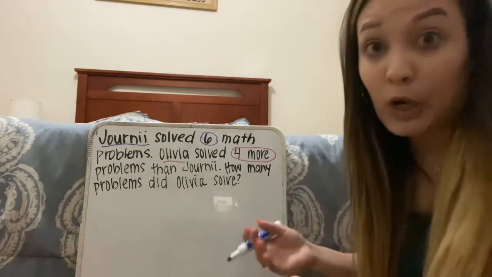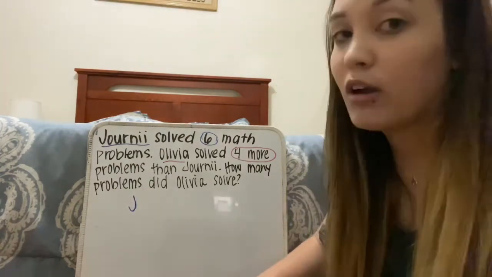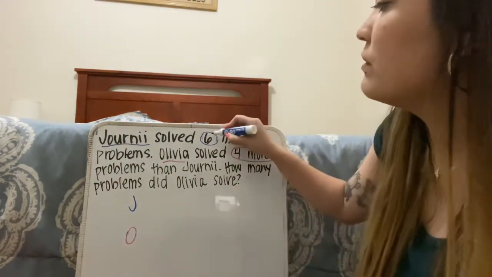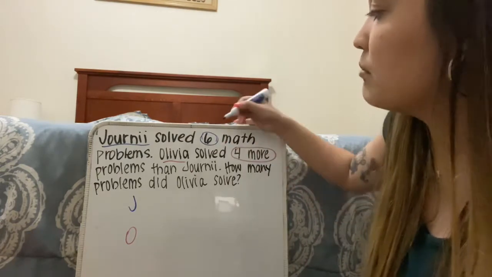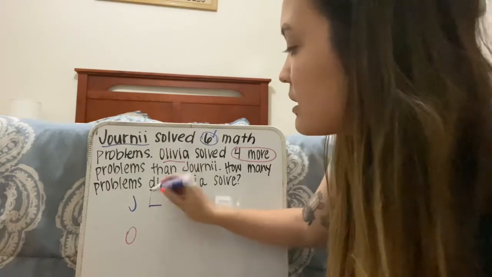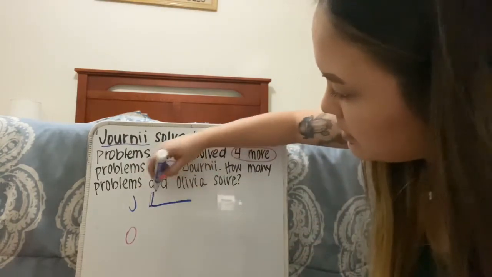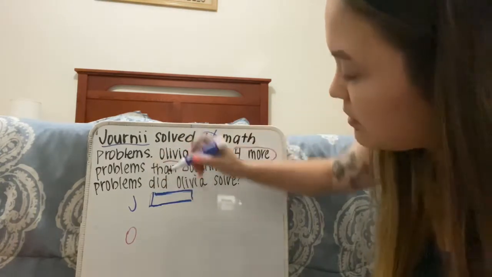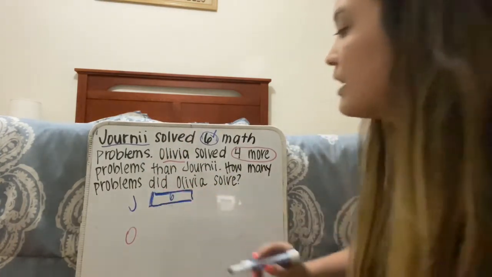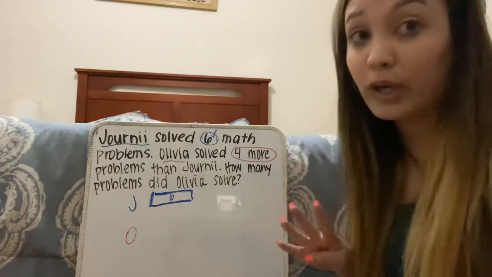Well, let's draw what we already know. So we know that we have Journey and we also have Olivia. Well, Journey solved 6 math problems. So let's put a check mark by 6. Okay, Journey solved 6 math problems, and Olivia solved 4 more math problems than Journey.